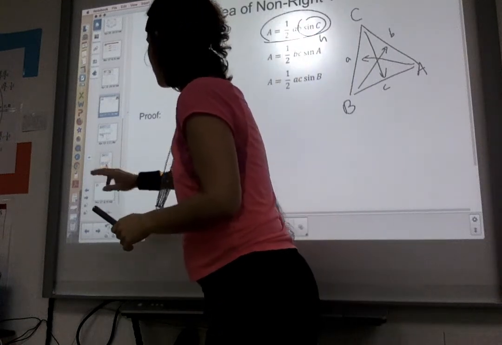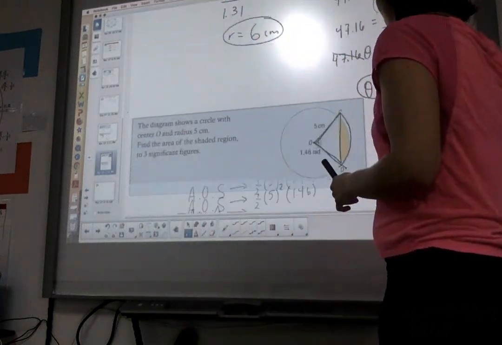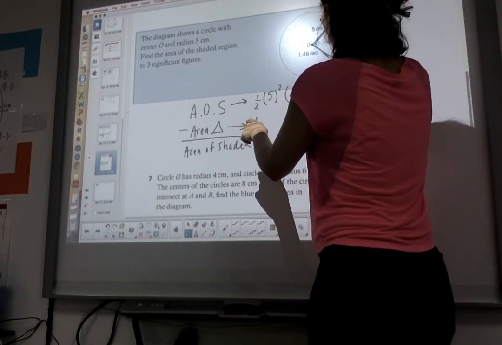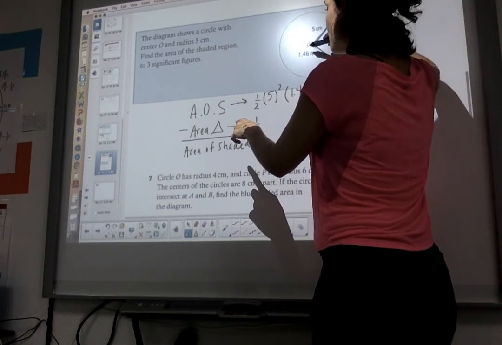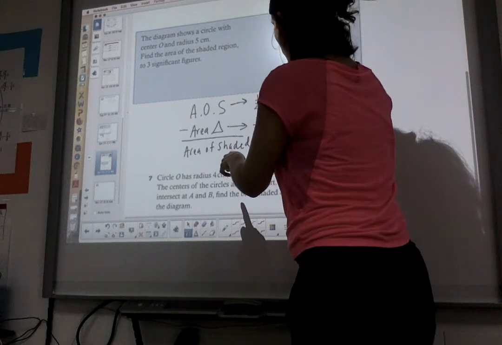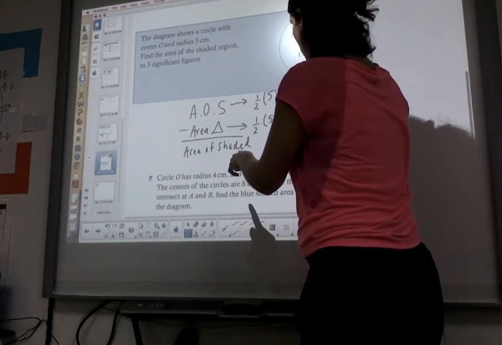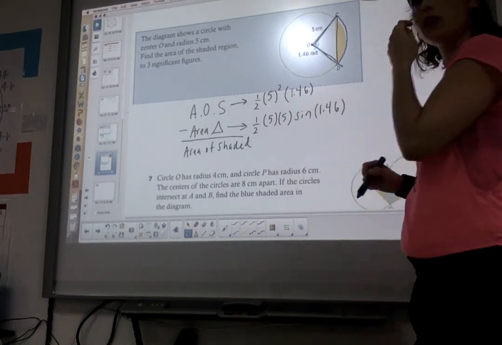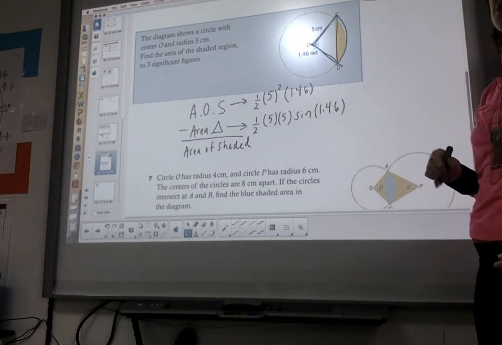Anyways, I'm going to fast forward because we're out of time. The formula is half the two adjacent sides and the sine of the angle in the middle. So the two adjacent sides are 5 and 5, and then sine of the angle in the middle, 1.46. It's from the slide we skipped.